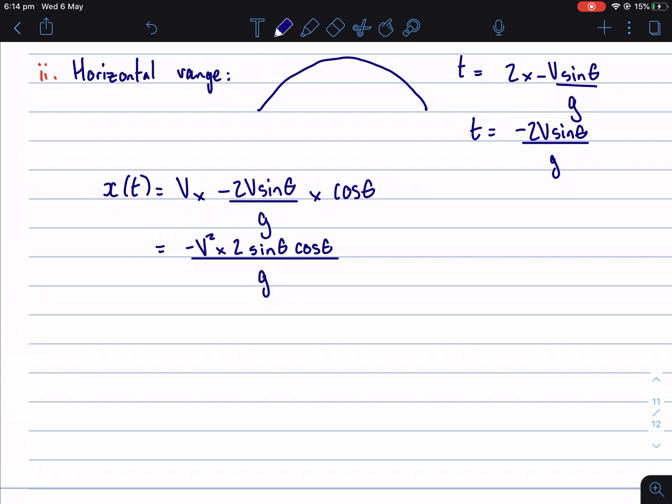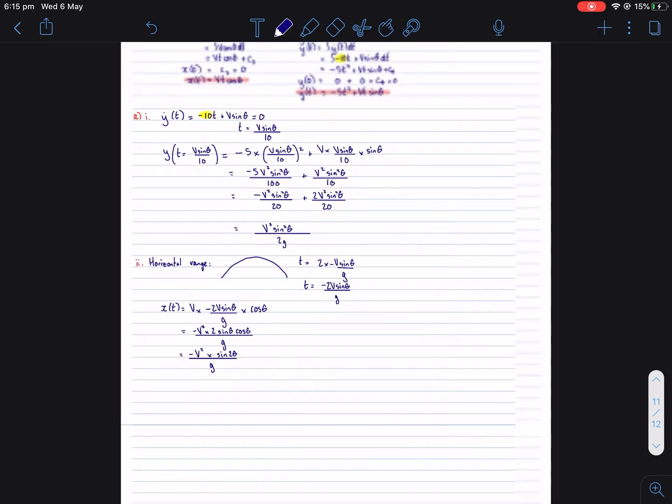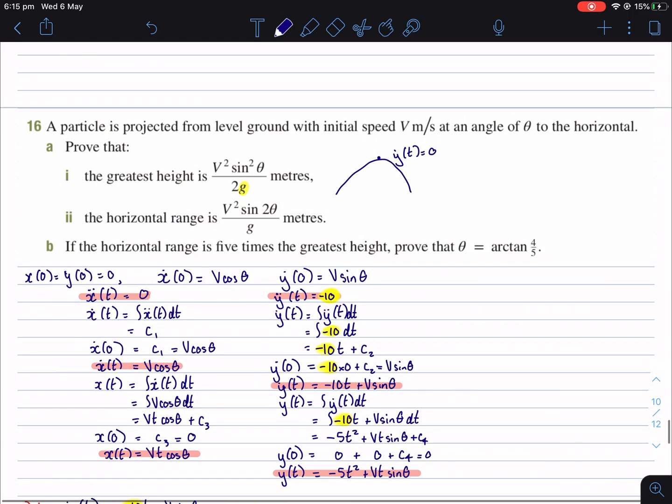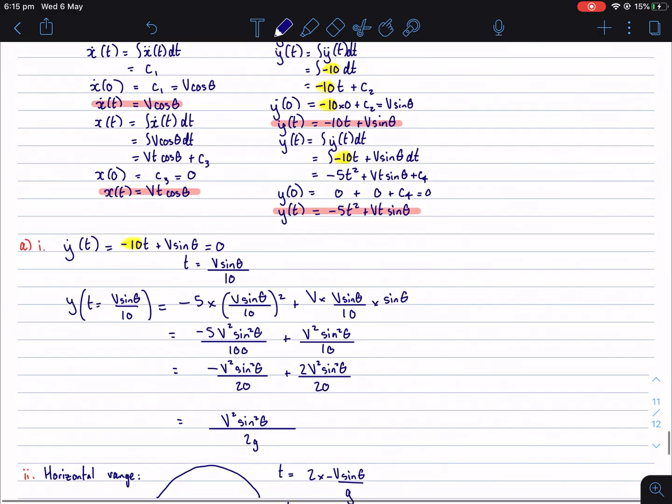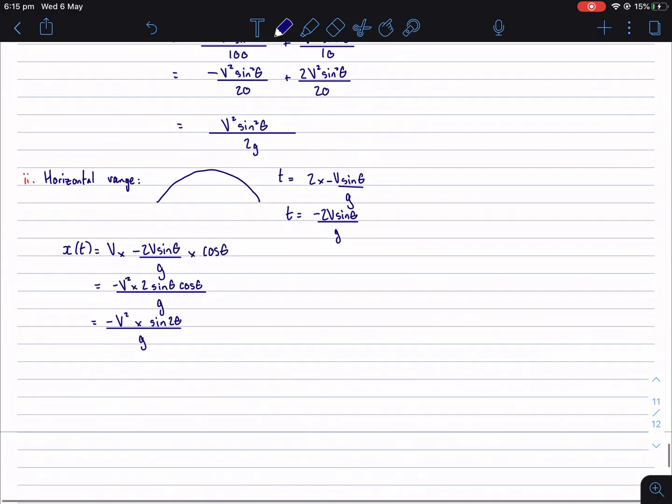Sin 2x. Don't know why my negatives are disappearing, but I'm happy enough.